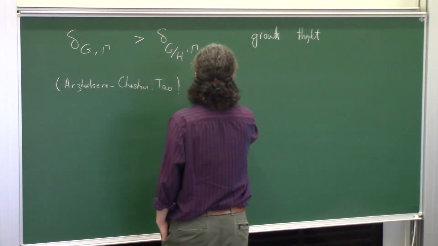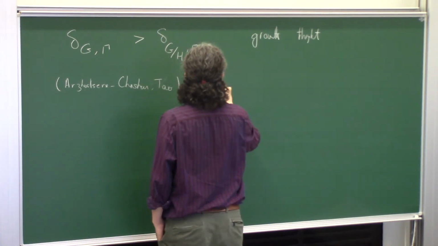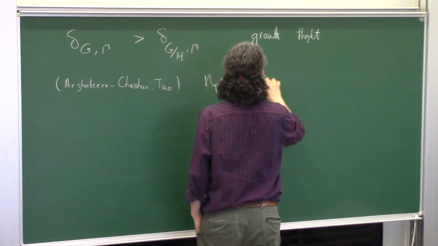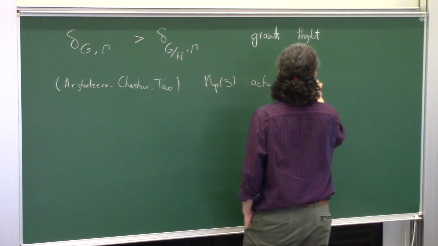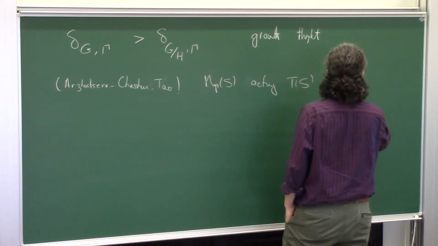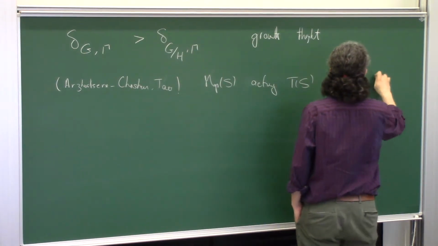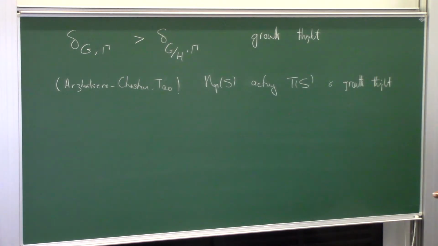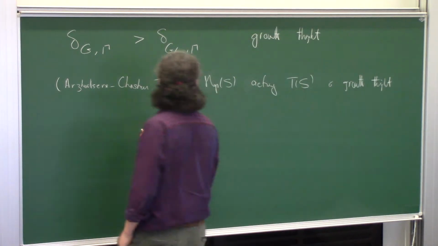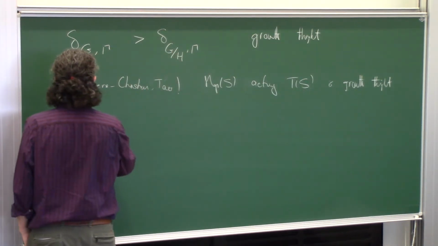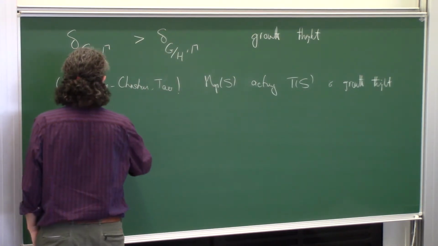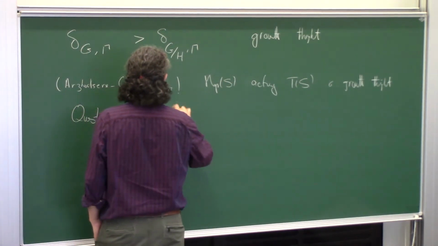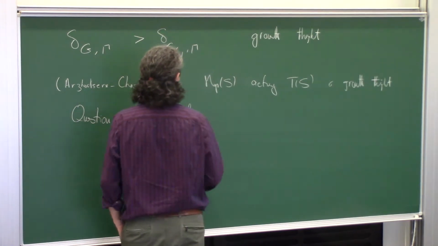They proved that the mapping class group's action on the Teichmüller space is growth tight, and they asked the question: what about the action of the mapping class group on its own K graph?